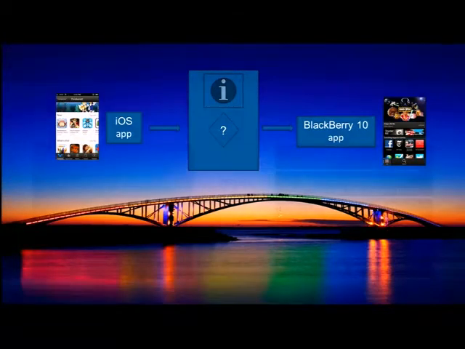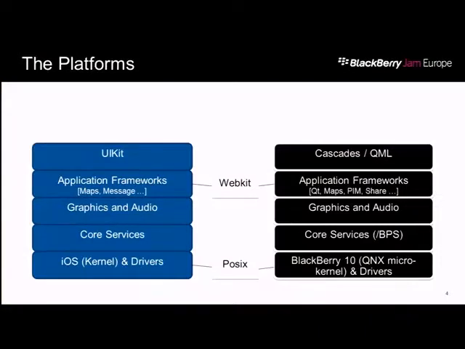So, a brief introduction to the architecture. There's some similarity in the platform, as you can see, going from the ground up, looking at the kernels and drivers. It's a Unix-like world on both platforms, so a lot of the low-level APIs are very familiar.